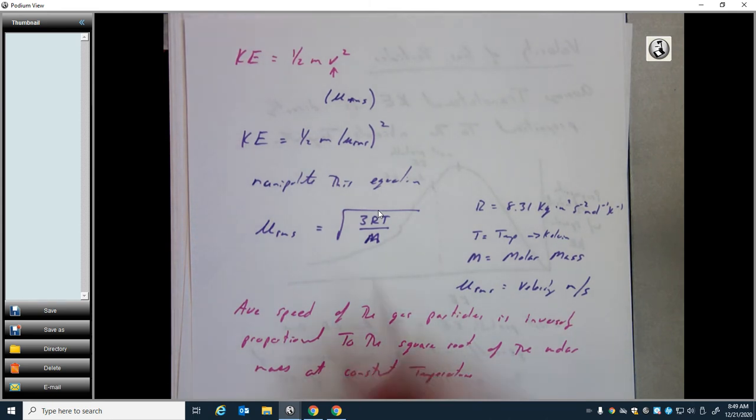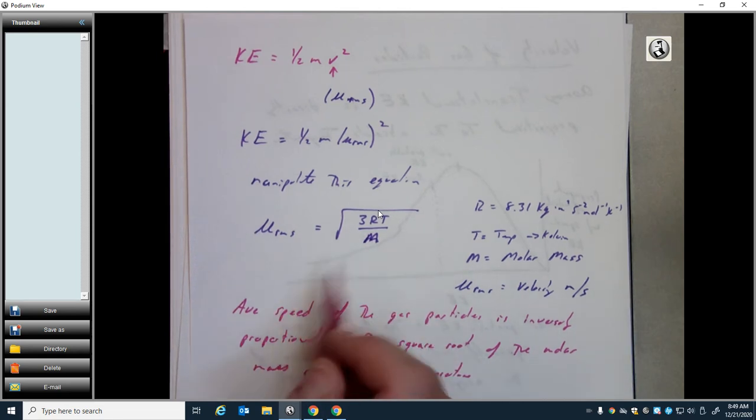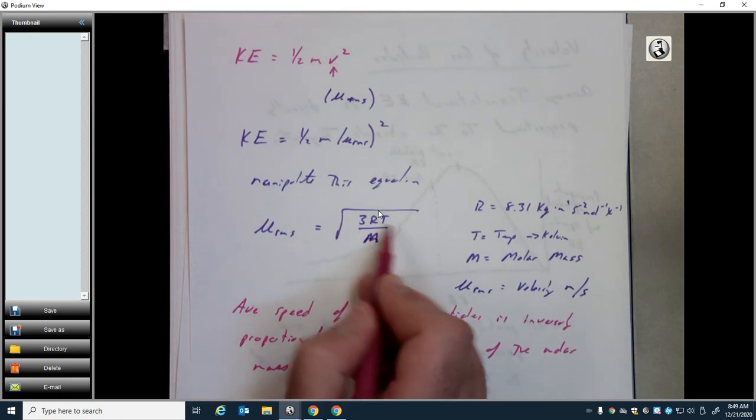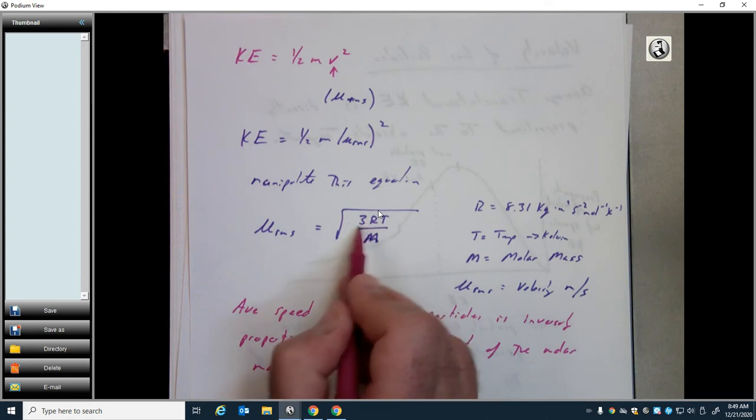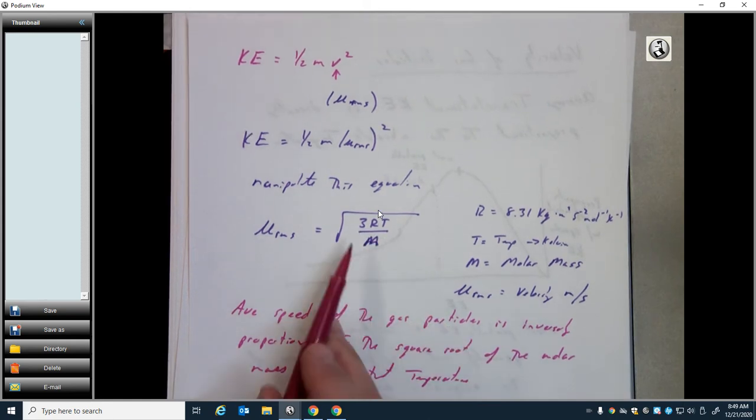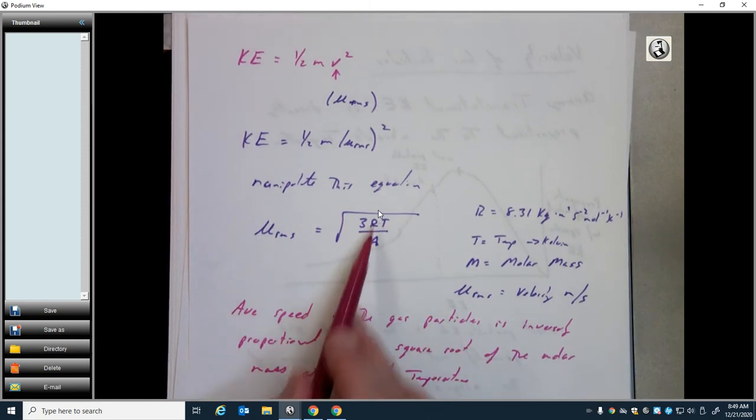Okay, so really what we're saying is if we're comparing two gases' particle speed at the same temperature, all right, well, this really stays the same because the temperature is going to be constant, the R is constant, the 3 is constant. So when we're comparing the two gases, this is all going to be the same. What's really changing is my molar mass, and it's a square root.